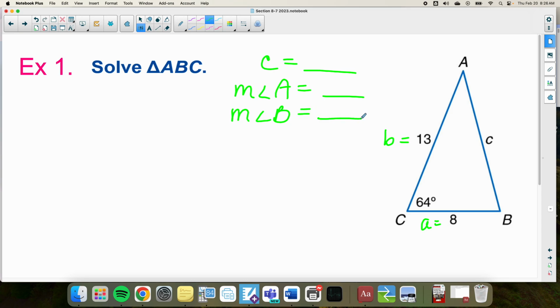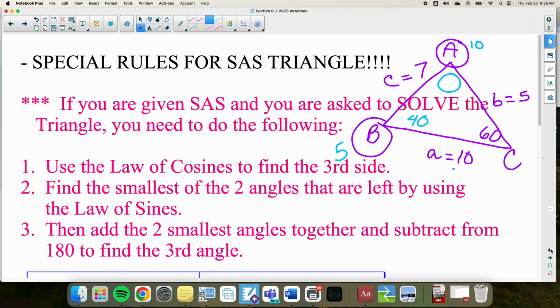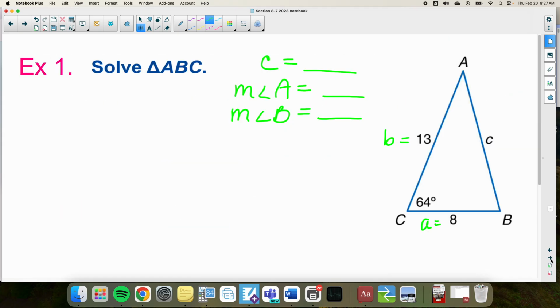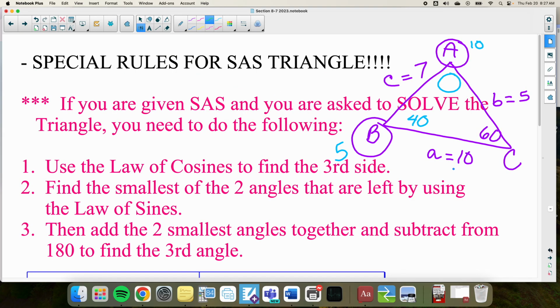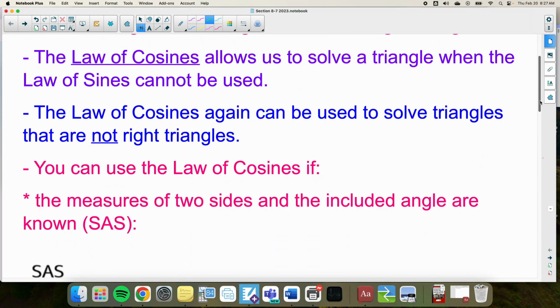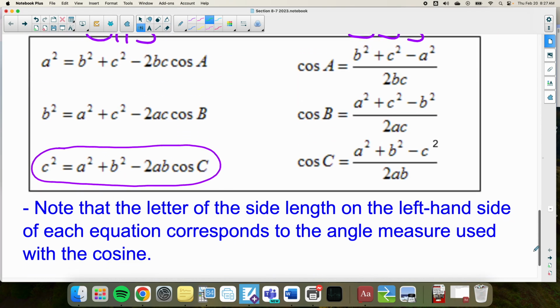Now, according to these rules that we went over, you use the law of cosines to find the third side, and I need C. So it might help you to have your cheat sheet out so you don't have to keep going back, but this is the formula for C squared, okay? That's the one I'm going to do.